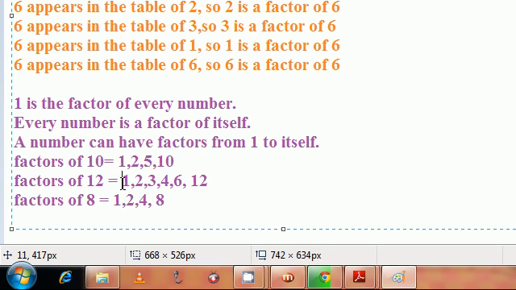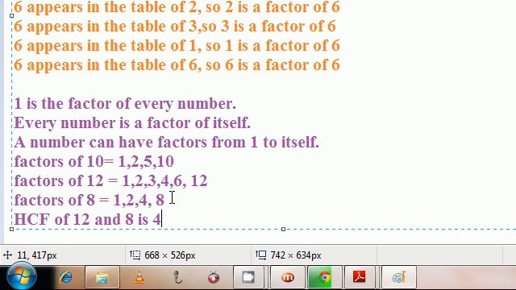We find that 1 is a common factor for both, 2 is a common factor for both, and 4 is a common factor for both. So which factor is highest? Obviously 4 is the highest. So we can say that the HCF of 12 and 8 is 4.